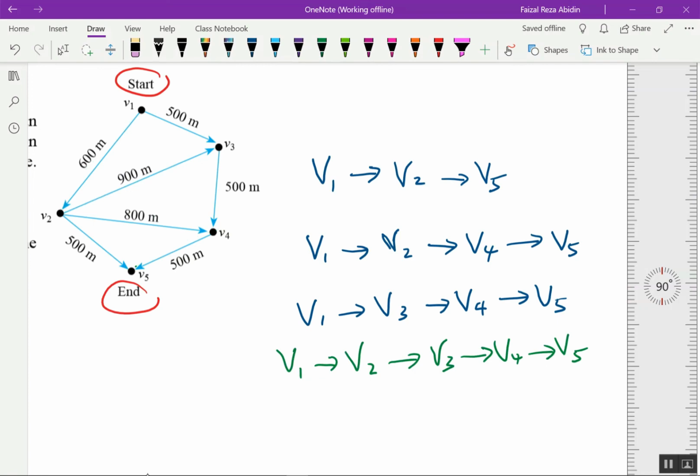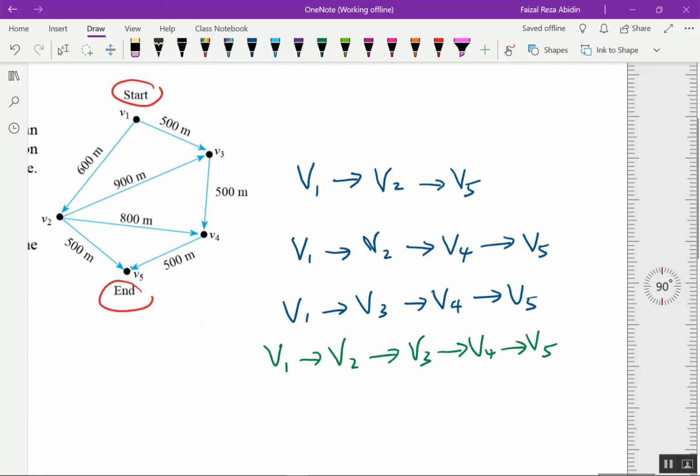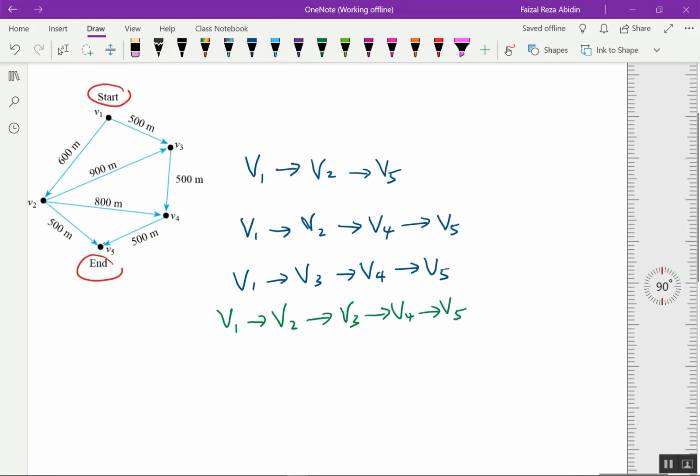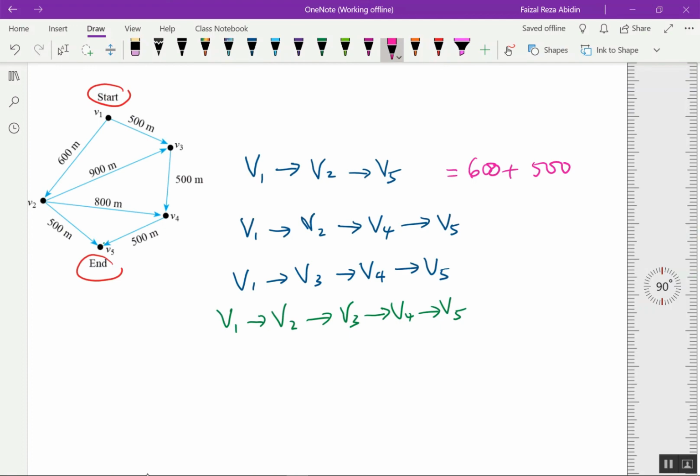Now we are going to look at the weight or the value given there. First, V1, V2, V5. V1 to V2 is 600 meter plus V2 to V5, 500. Next, V1 to V2, 600, plus V2 to V4, 800, plus V4 to V5, 500.